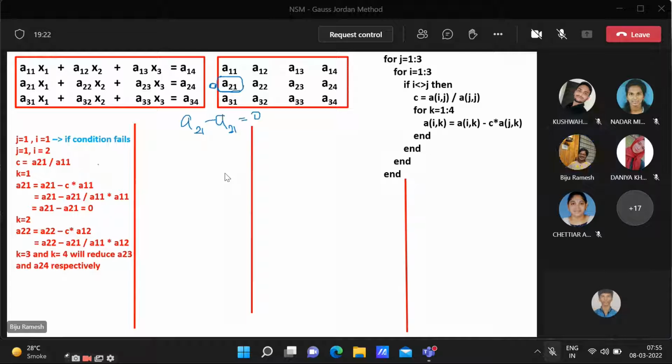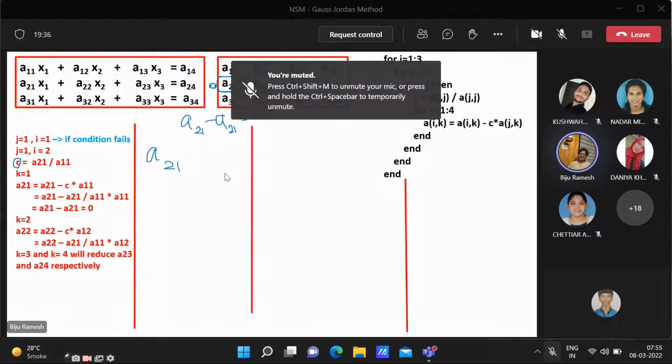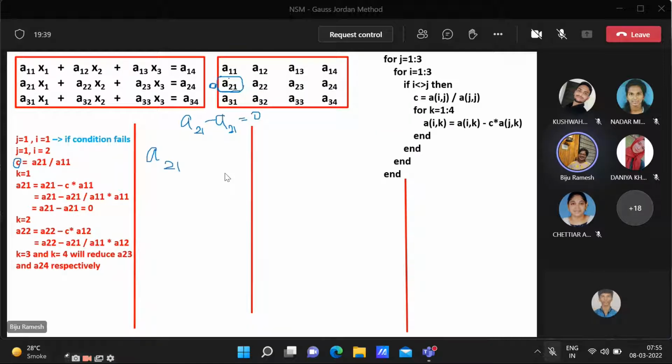First we find a constant, which is why I have written it as C over here. For reducing the second row elements, we are going to use the first row. We will multiply the constant by a11 in such a way that I get a21 here.